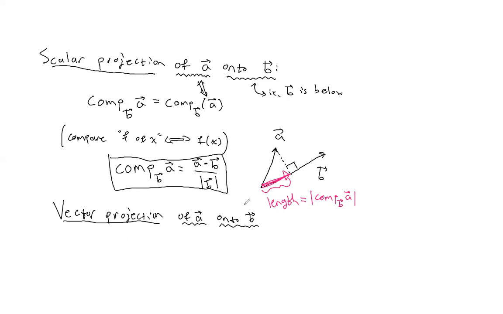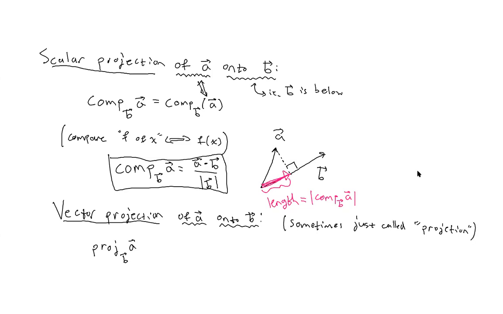And with that in mind, we can work this out. This is sometimes called proj BA. Sometimes, by the way, this is just called projection without specifying vector.